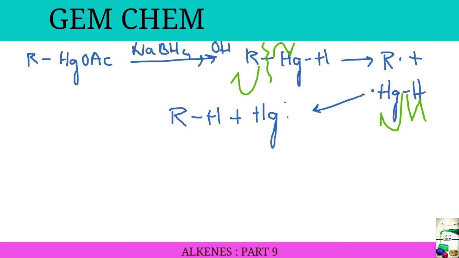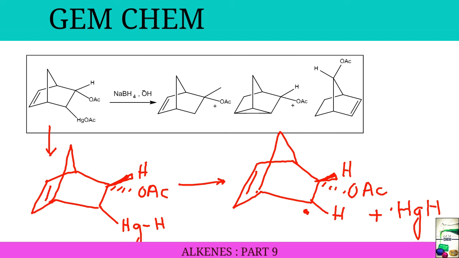Now see, previously we had seen that this bond breaks and we get R dot and HgH. So the same thing is occurring here. So now this is our parent free radical. Now we will deal with it to see what products are being formed. So let us see.